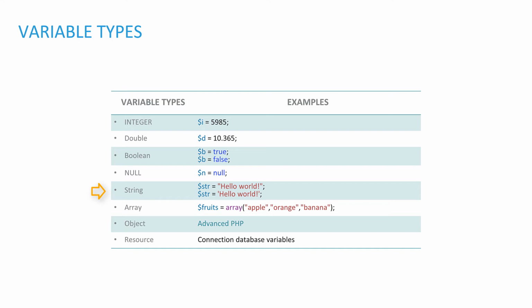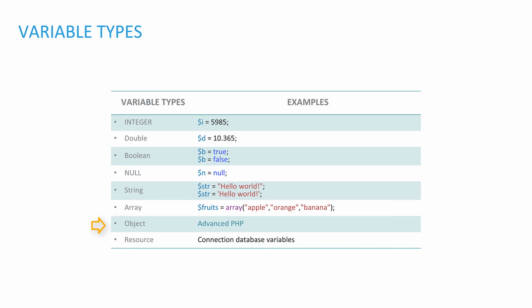Both of them are acceptable in PHP. The next data type, array type. This type is an array that stores multiple values in one single variable. As you can see in this example, the variable fruits holds three values: apple, orange, and banana, by using the array built-in PHP function.